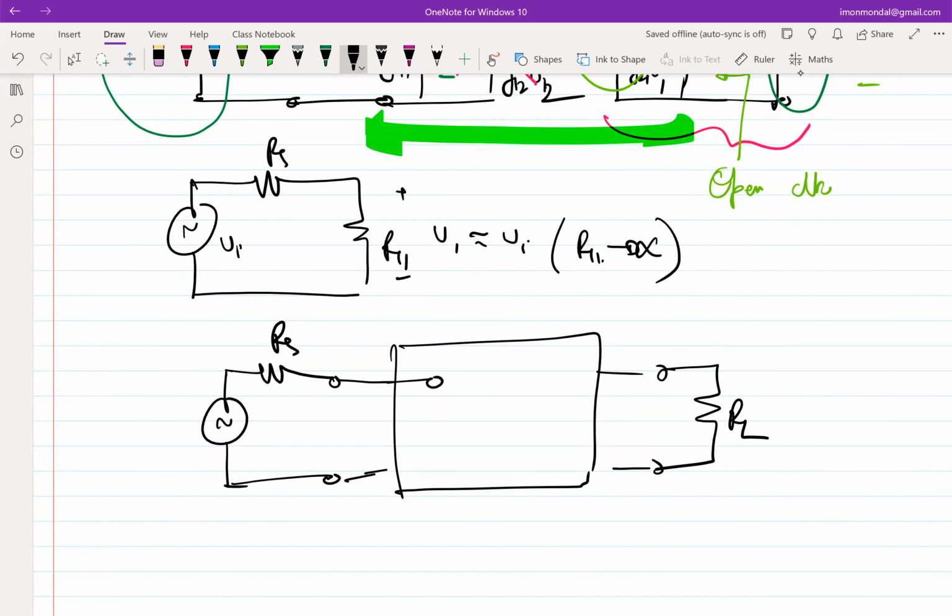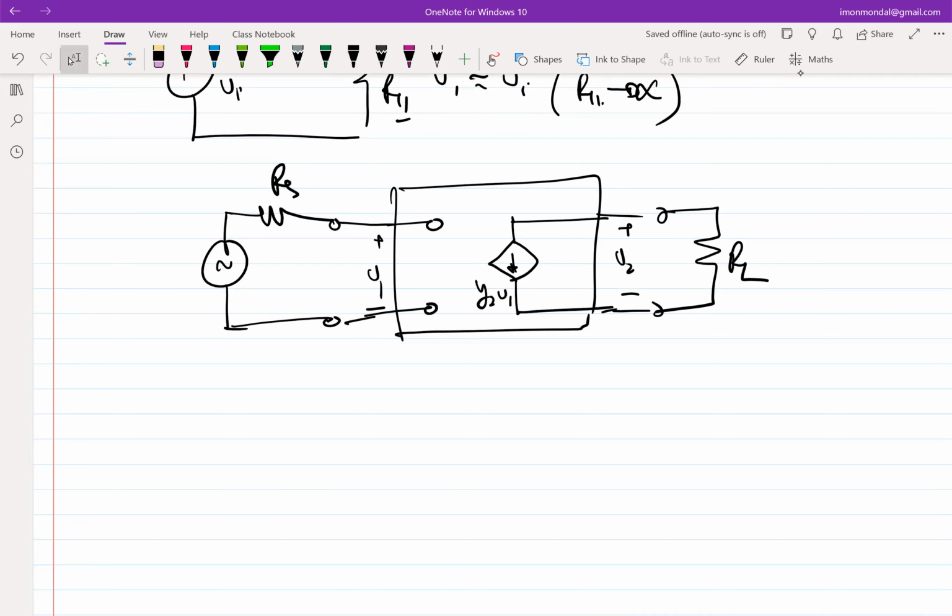This input side is open circuited, and on the output side you have Y21 V1, and that's it. So this is my incremental block diagram of an ideal amplifier. Does it make sense?